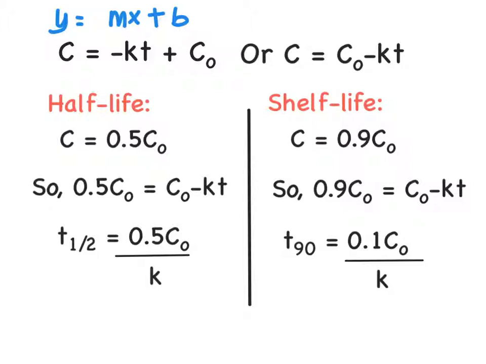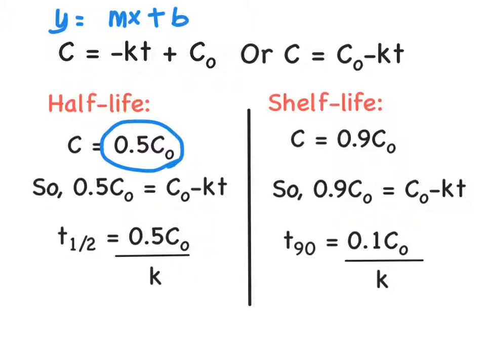We can then plug this 0.5 times C0 in for C in the original equation, so that means now we're going to have 0.5 times C0 is equal to C0 minus KT, and then we can just rearrange the equation solving for our time. So our time at 50% of the concentration, or t1/2, is going to be equal to 0.5 times that original concentration divided by K.